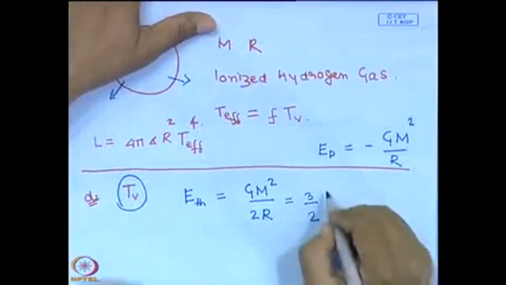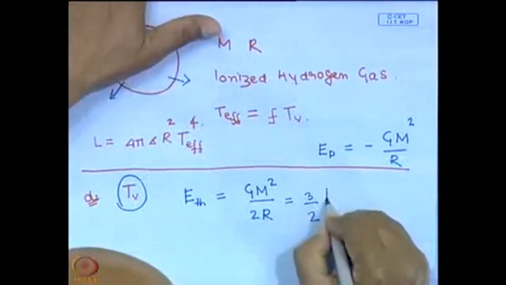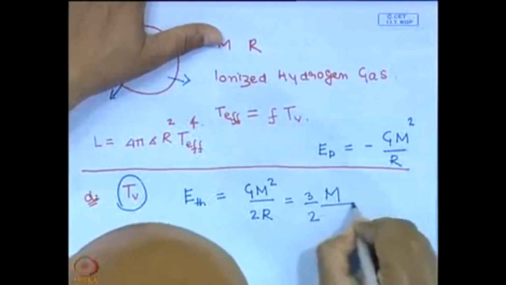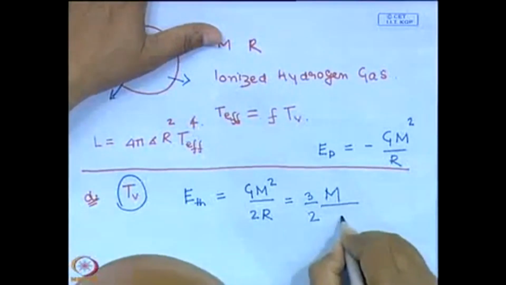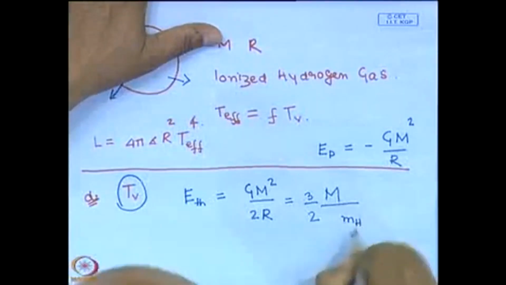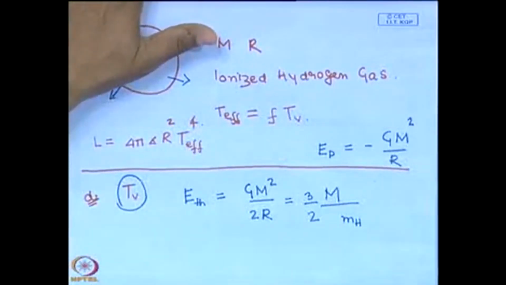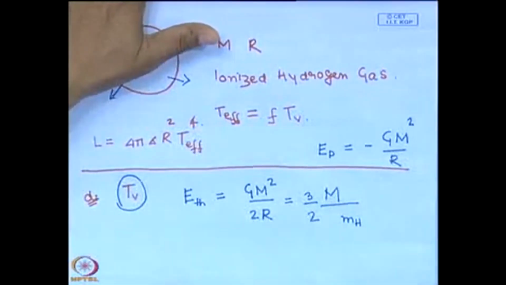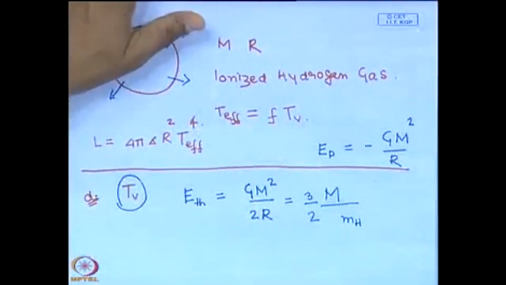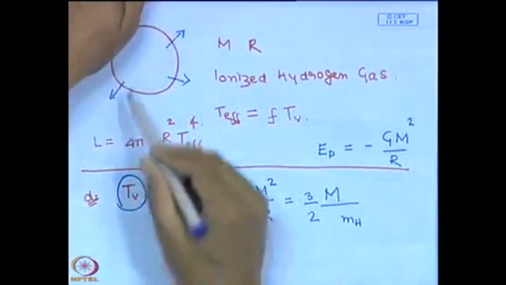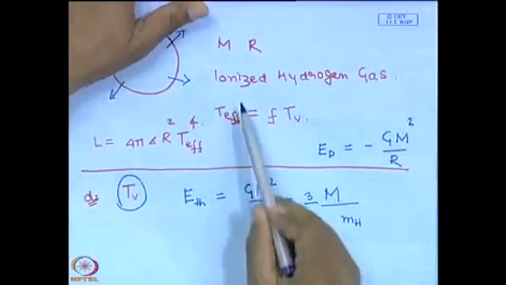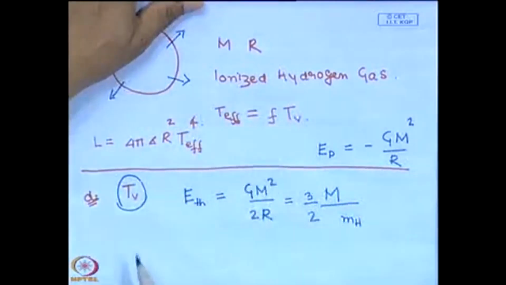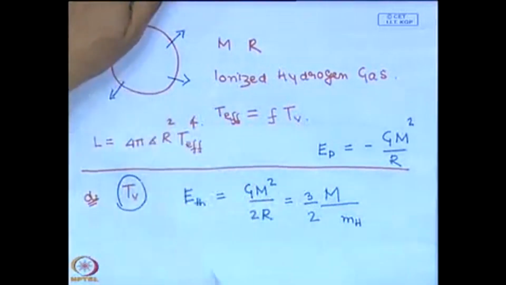The number of particles is going to be the total mass of the object m divided by the mass of the hydrogen atom m H, and there is also the mean atomic mass of this that you have to take into account, or another way of thinking of it is that every hydrogen atom essentially contributes 2 particles, not 1, because it is ionized.